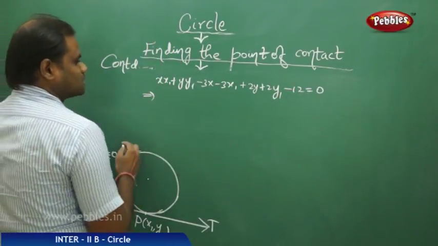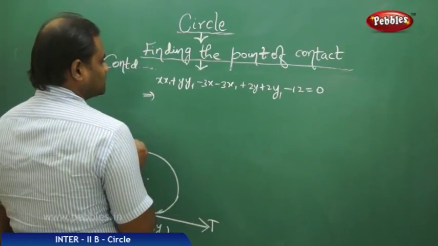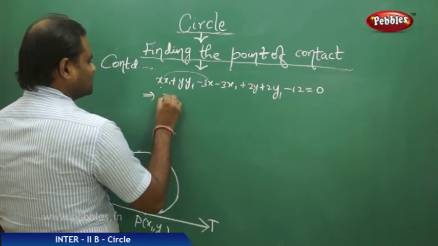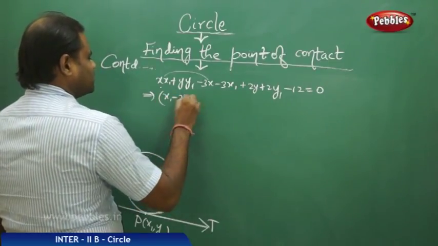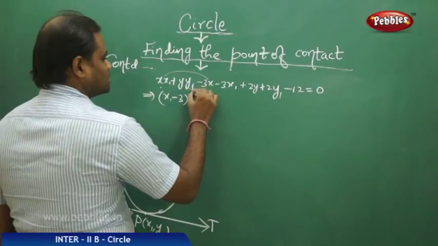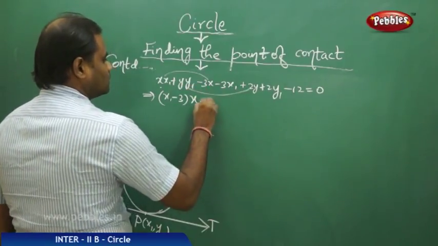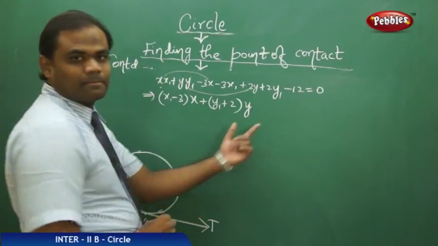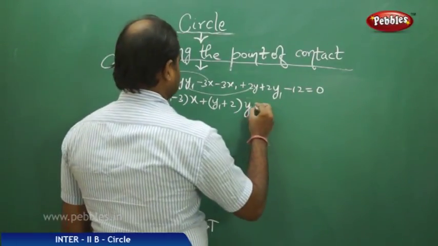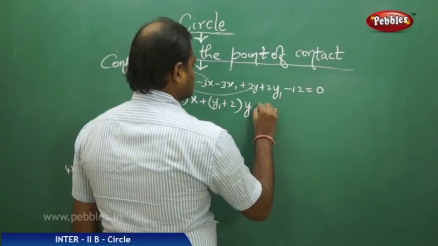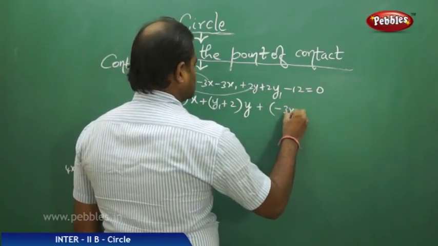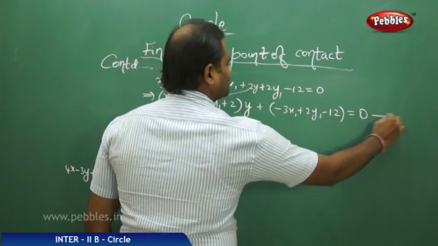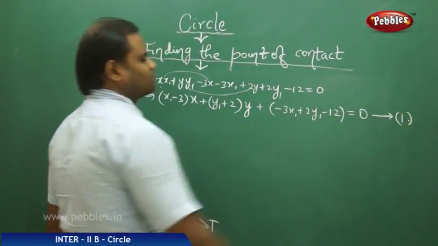This, on further simplification, gives me this, and this when taken with x common, (x1 - 3) of x, and this with y, (y1 + 2) of y, and the constant part, -3x1 + 2y1 - 2l, equal to 0.